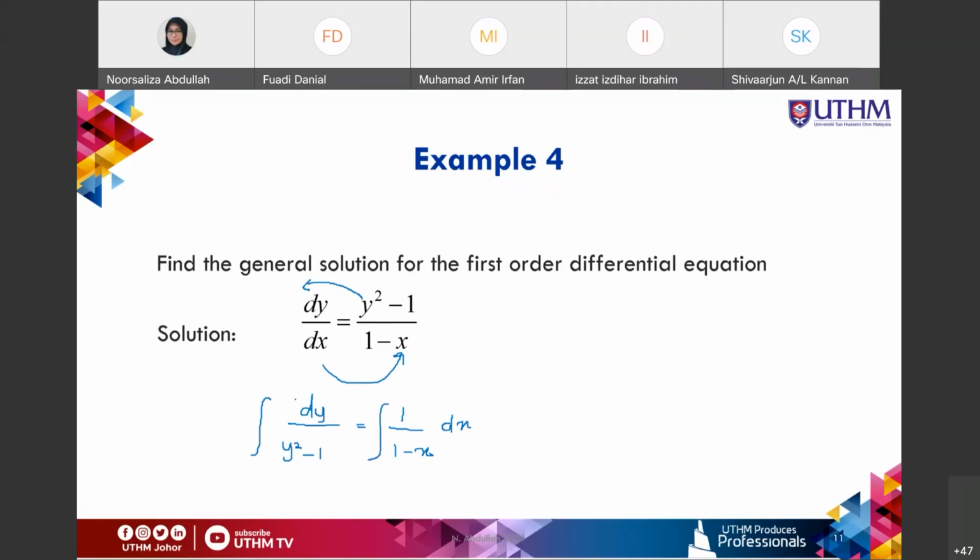So when you integrate, this is where you have to use your calculus knowledge: how to do the integration, how to do the differentiation. So how do you want to integrate 1 over y squared minus 1?